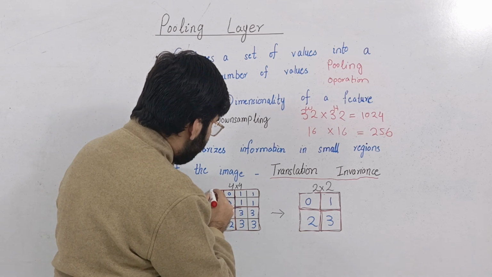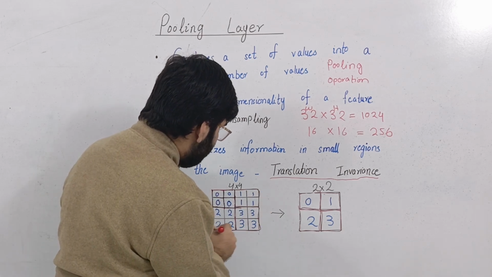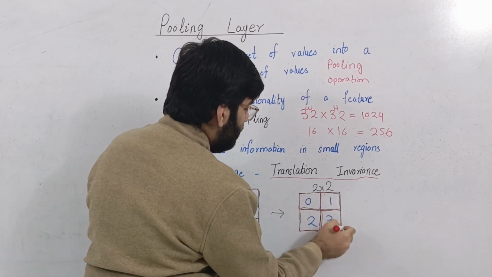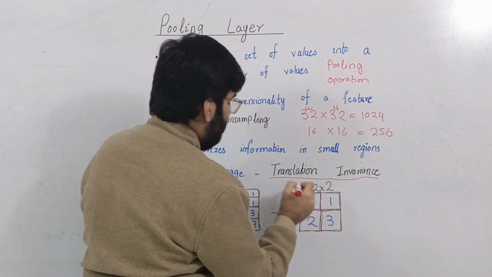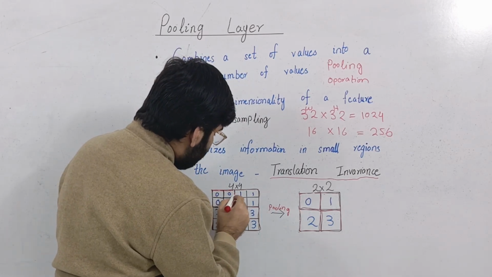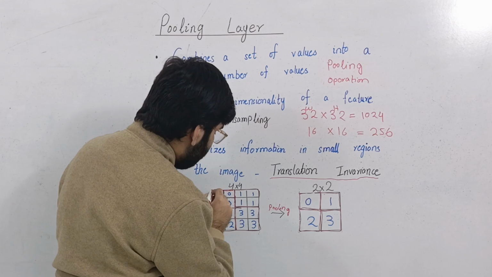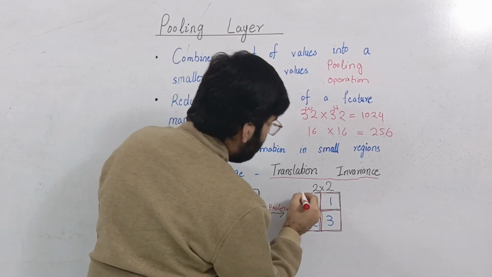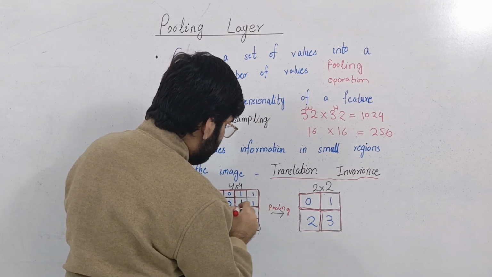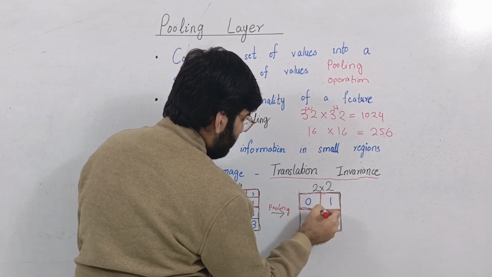Suppose this is a 4 by 4 input feature map that is pooled into a 2 by 2 feature map. This 2 by 2 region is pooled into this one box. This region is pooled into this box.